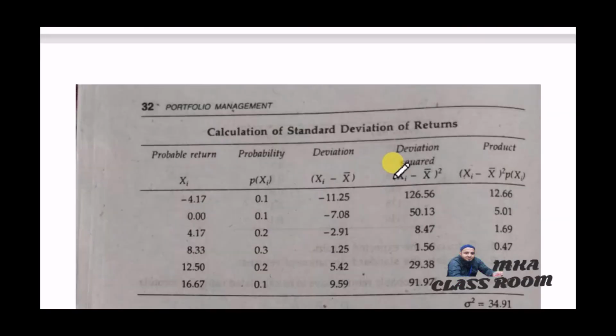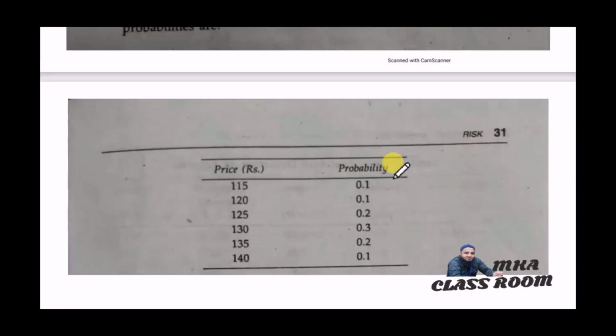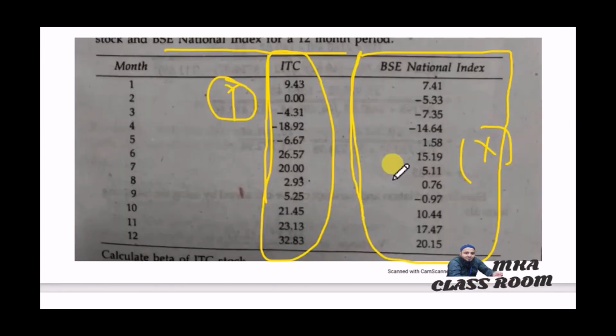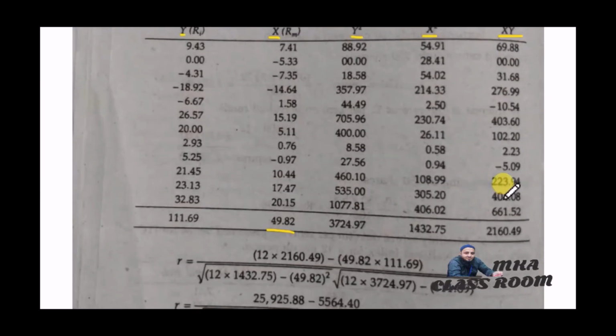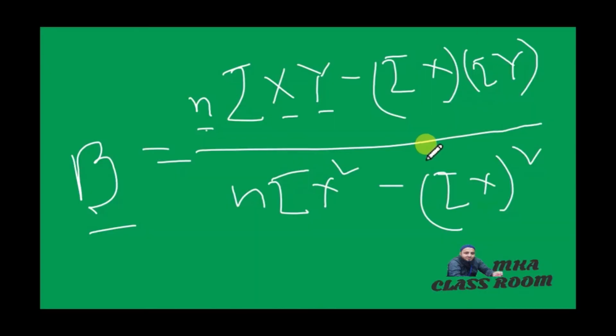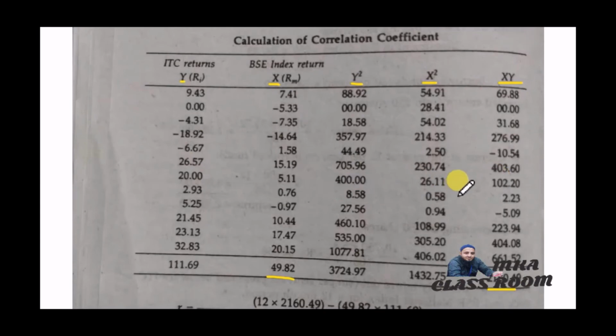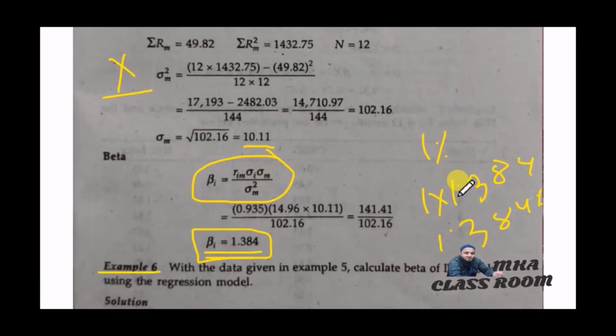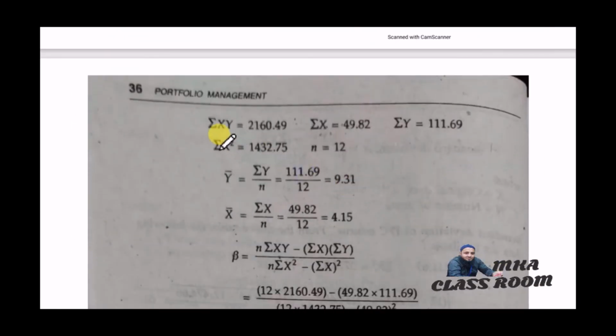So we have calculated here summation x and y. So in the same way we can use here the summation x and y, summation x, summation y, summation x square, number is 12.